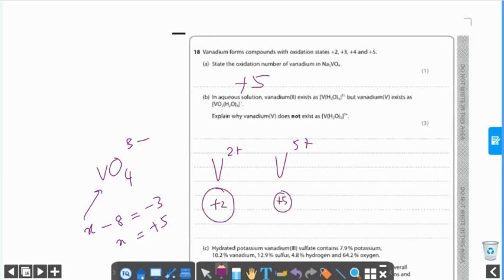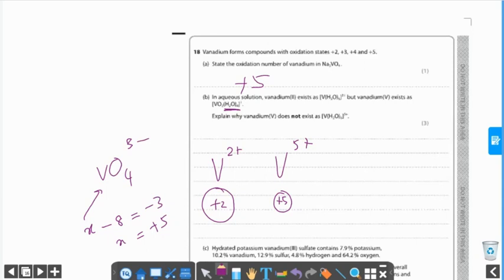When the polarizing power is greater, the size is also small, so the number of water molecules which can surround the vanadium +5 will be less. And not only that, that is the reason it has 4 waters. Look at VO2: of the 6 waters, 2 water molecules have given off H+ ions.